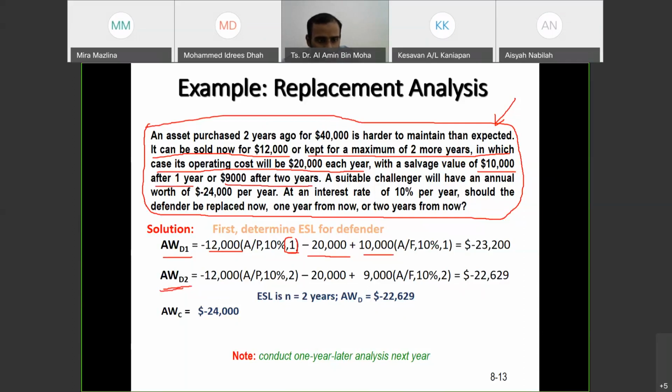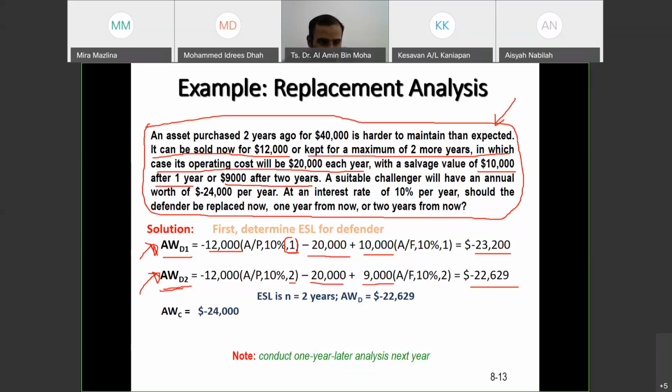So if they use it for 1 year, this is the scenario. If they use it for 2 years, this is the scenario. Year 2, operating cost 20,000, the same thing, but the salvage value is different. So what is the AW? They got 23,200, and here is 22,629.